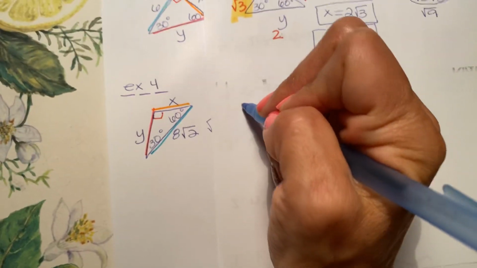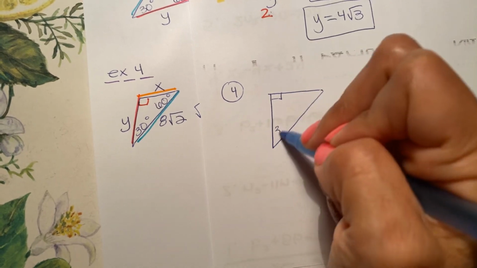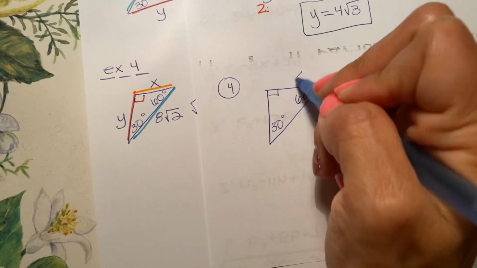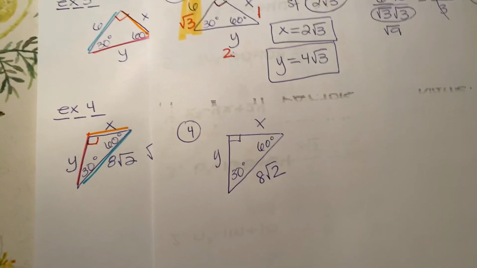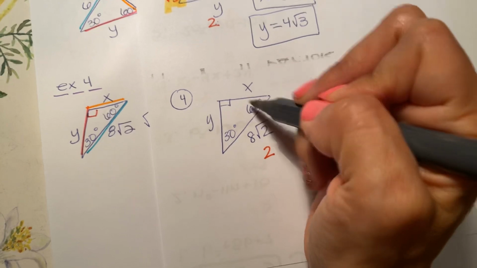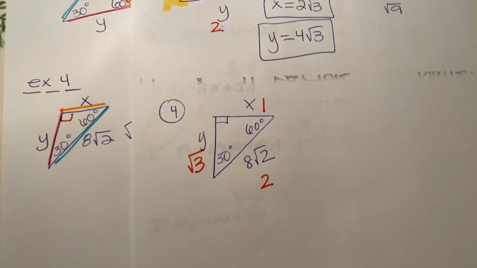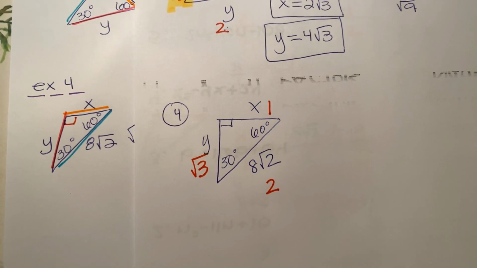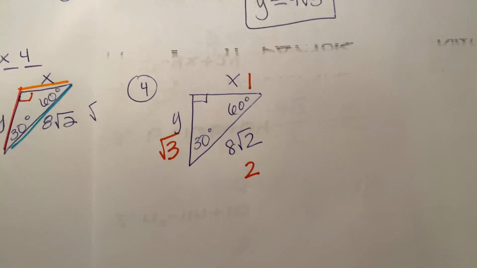All right, the fourth example. 30, 60, 90, x, y, 8 rad 2. All right, red marker. Let's label it on top. 30 goes into 60 2 times, 60 goes into 90 once, 30 goes into 90 rad 3 times, but that gets your radical, right? The 30, 90 side is 3, but it's always radical 3.